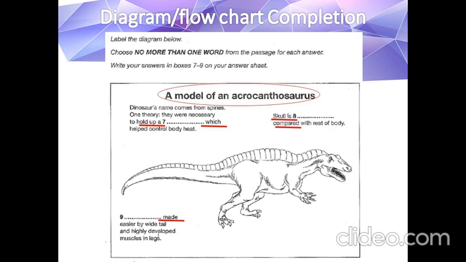Therefore, read carefully all the words written in the diagram. Again, underline the keywords, think of synonyms and paraphrasing. And then go to that section of the reading. Scan it, read it very carefully, and find the exact word that suits the gaps.